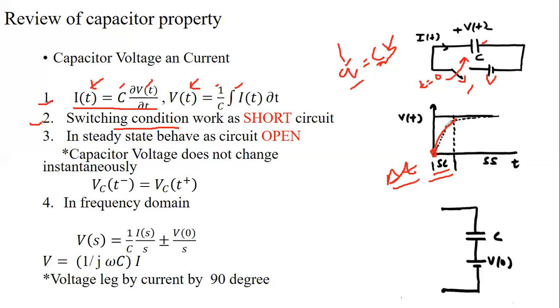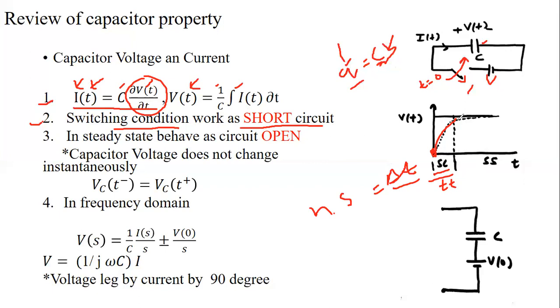In the transition time, voltage is moving from 0 to V, and this time del t is in the range of nanoseconds. Therefore this del v(t) by del t is very high. Del v(t) by del t very high means current i(t) is very high. Current high means it is working as a short circuit. So in the switching condition, or in the transition time, capacitor works as a short circuit.